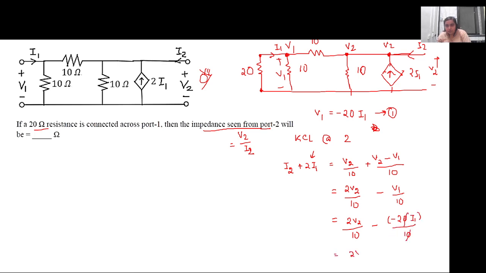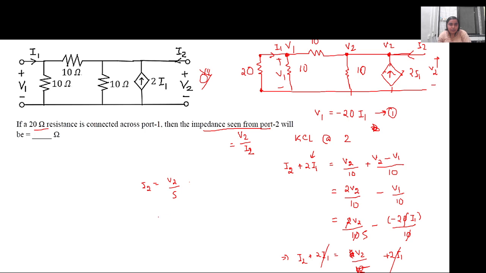So this is 2V2 by 10, which is V2 by 5, plus 2I1. On the right hand side it is I2 plus 2I1. So the 2I1 and 2I1 will get cancelled. So I2 will be equal to V2 by 5.